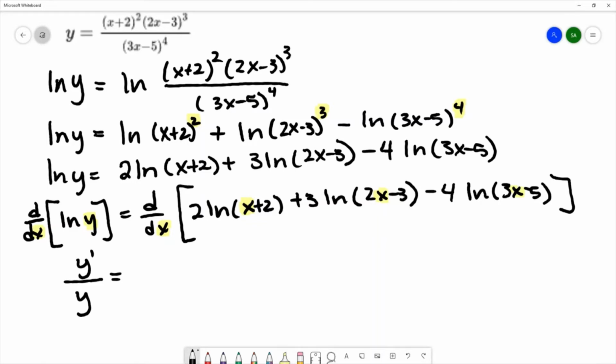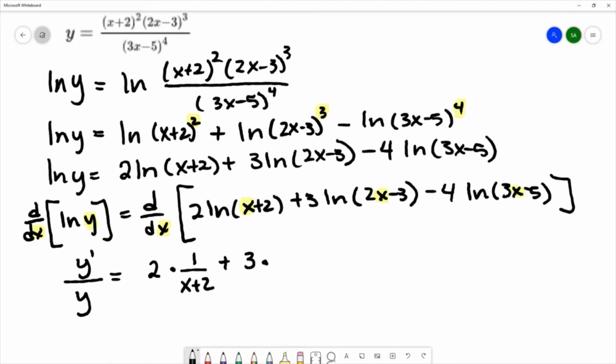So I'll carry down that 2 as a constant multiple. I'm going to use the rule for derivative of logarithms, the derivative of the inside over the inside. So we get the derivative of x plus 2 to be 1 over the inside of x plus 2. Then I have a constant multiple of 3, which I'll carry down. We've got a natural log, so I'm using the rule of the derivative of the inside over the inside.